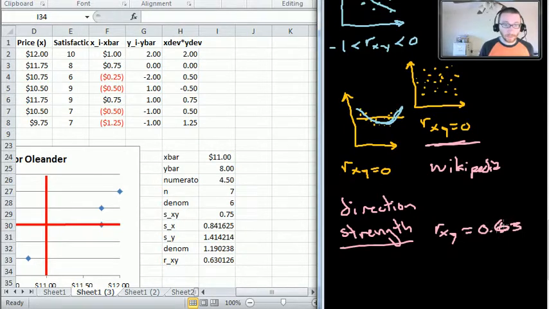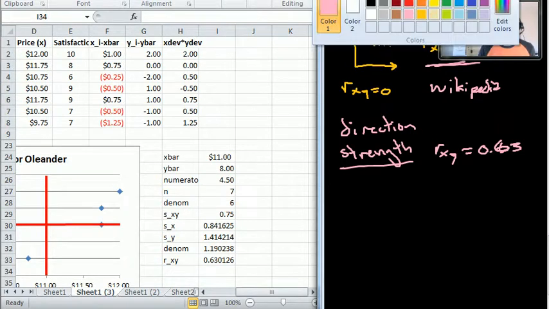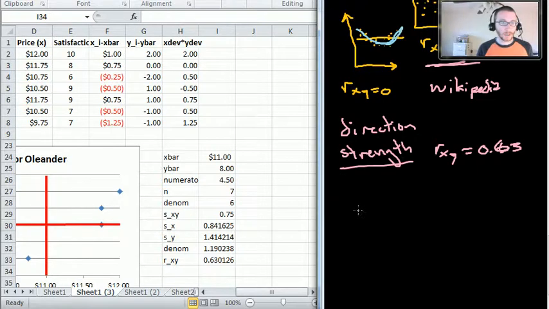Now this is my sample correlation coefficient. What we really care about clearly is not just the correlation for these customers. We want to know for all my customers what would that be. And to do that we use the Greek letter rho. Greek letter rho looks kind of like a P with no top.